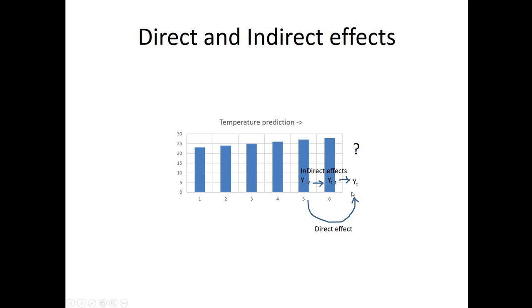Now, suppose yt is dependent on the timestamp yt minus 2, and that is called a direct effect. So the temperature of today may be dependent on the day before yesterday's temperature, but there may be an indirect effect. The day before's temperature may be affecting yesterday's temperature, and yesterday's temperature may again indirectly affect today's temperature. So that is called an indirect effect, and this is called a direct effect.